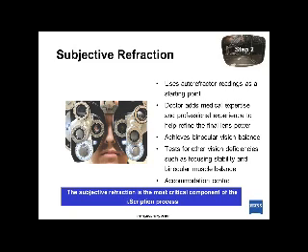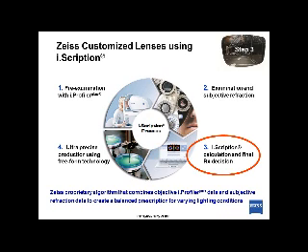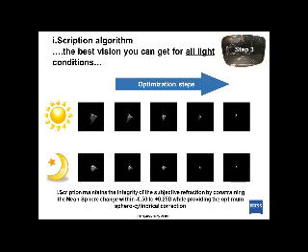The next step is the iScription calculation and the final RX decision. This is an algorithm that takes the subjective refraction and the data from the iProfiler and puts that together in order to find that sweet spot, or to refine the process. With this algorithm, you can get the best vision for all light conditions, but especially for low light and evening and nighttime driving.